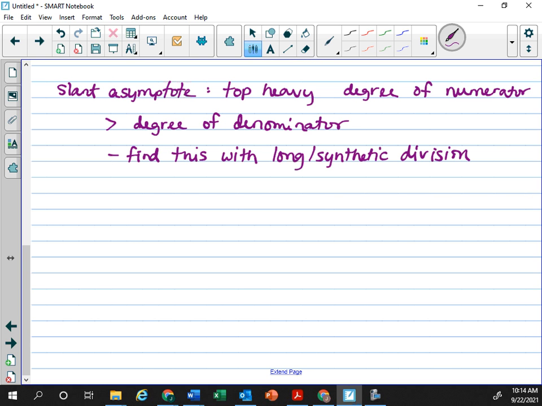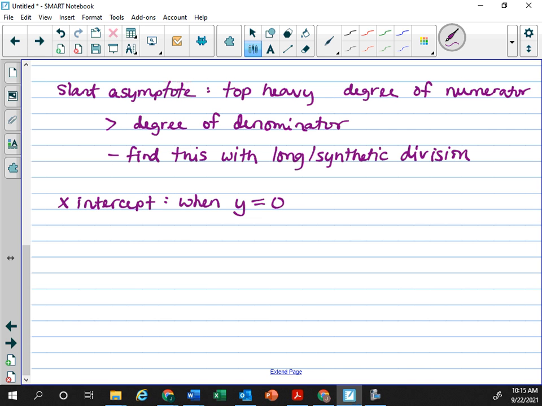All right, then two other things that are important when you're graphing your rational, finding your x-intercept. And I think you know this, but it's good to write down. It's when y equals 0.